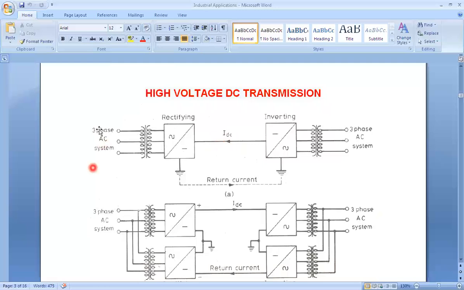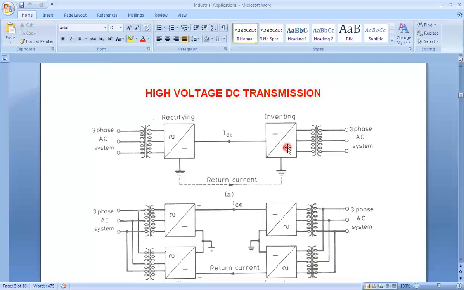Three-phase AC supply is connected with the rectifier, which converts AC to DC, and either the positive wire or negative wire is connected with the inverting terminal. So the current in this transmission wire is DC current and DC voltage. This line is connected with the inverter circuit, which inverts the DC voltage from DC to AC.